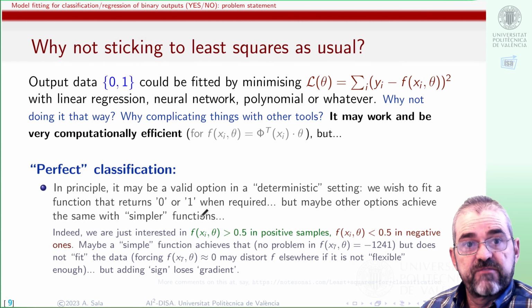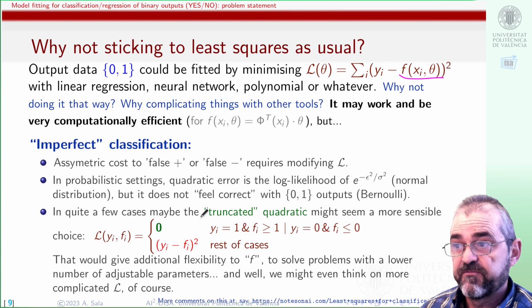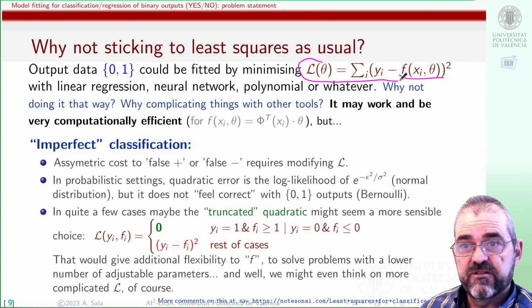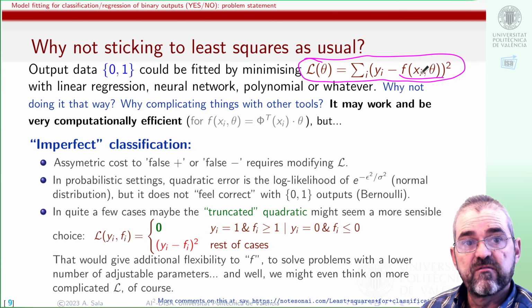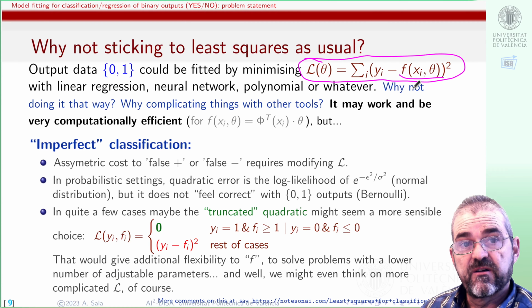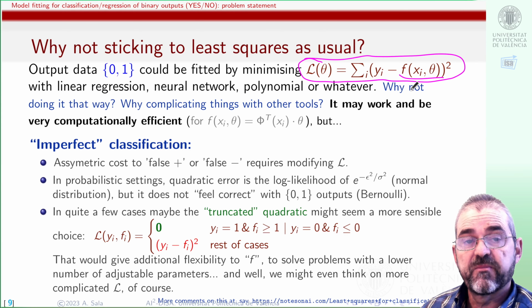So these are the conclusions regarding perfect classification, or the imperfect classification, regarding the inability to put asymmetric cost indexes if I am using formulas related to this, and the fact that least squares is the optimal estimator in a statistical sense if I have training samples generated with my model plus normally distributed random noise, but when I have 0, 1, heads, tails, then the statistical interpretation breaks.